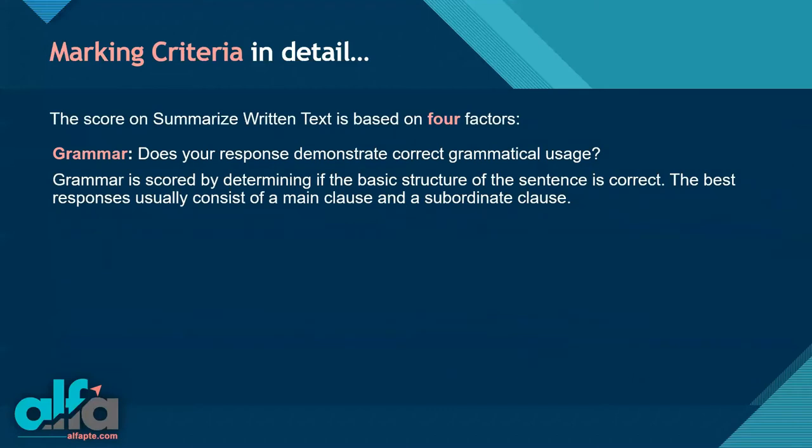Grammar. Grammar is scored by determining if the basic sentence structure is correct. The best response usually consists of a main clause and a subordinate clause, and it's pretty simple. The best response is a simple response, an uncomplicated response, wherein if you read the sentence, you should know whether it's right or wrong.